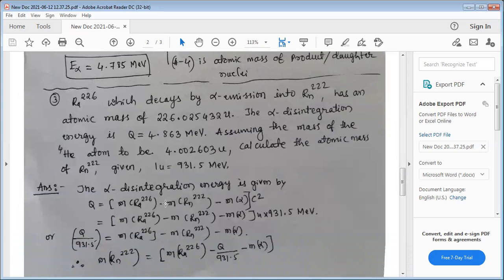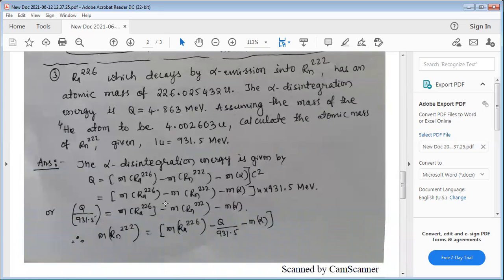So we'll move to the next problem. Radon 226, which decays by alpha emission into radium 226, which decays by alpha emission into radon 222, has an atomic mass of 226.025432 units.